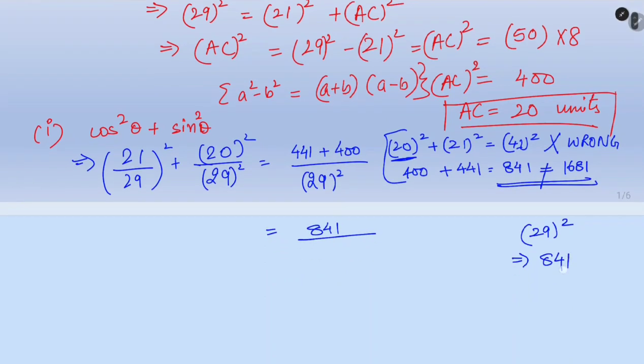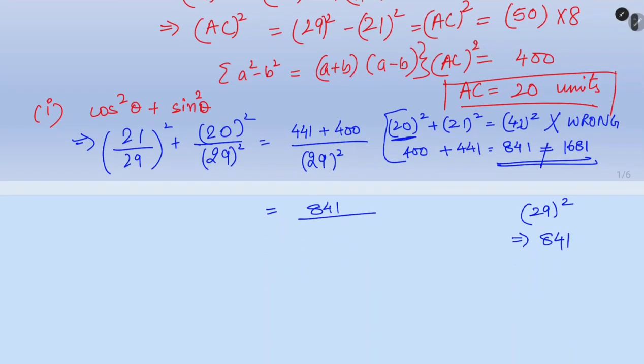What is the way to find the square? Suppose 29, and we need to find the square. Write down the square of 9. What is 9 square? 81. What is 2 square? Write in 2 digits, it is 04. Now multiply 2 into 9, 18, 18 to the 36. With a space of 1, write 36 over here.